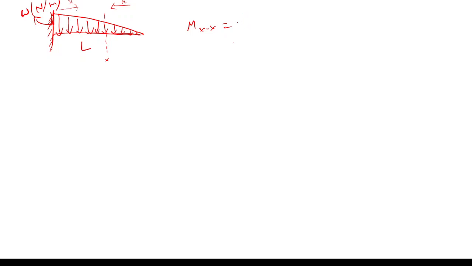So if I write the bending moment equation, the shear force is W into x square by 2L, into x by 3, which is acting at a distance of x by 3.